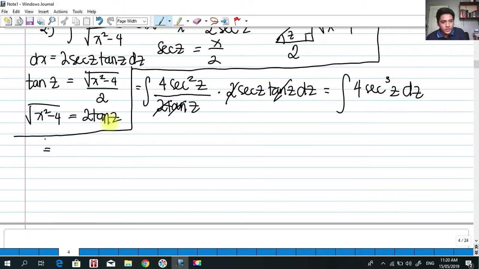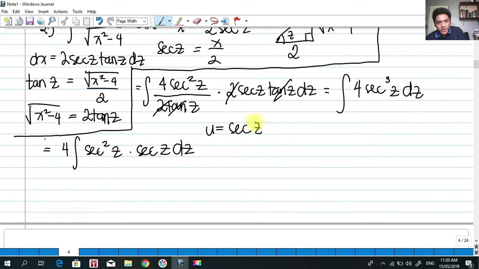So we have now, let's say that is 4 integral of, we can factor out 4 because it's a constant, secant squared z multiplied by secant z dz. And we can choose u as secant squared z or secant z.